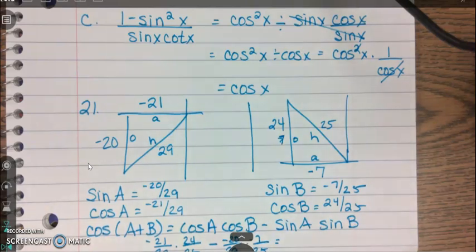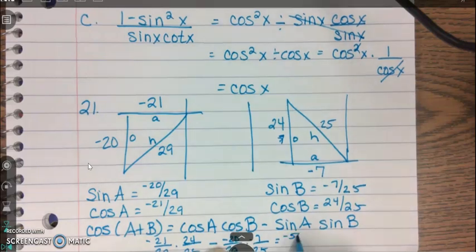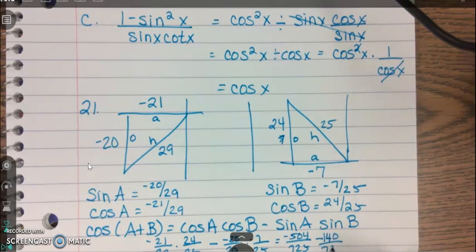Okay, so 21 and 24 is negative 504 over 29 times 25, 725. So we have 3 negatives, right? So it'll be negative 20 times 7 is what? 140 over 725. So take care of that. And I got negative 644 over 725.